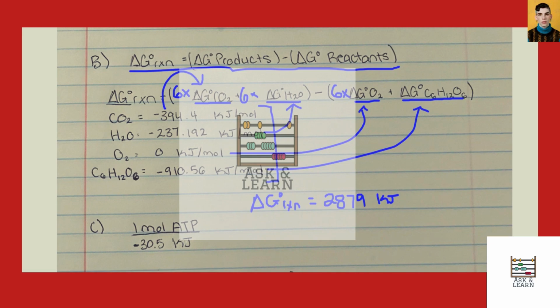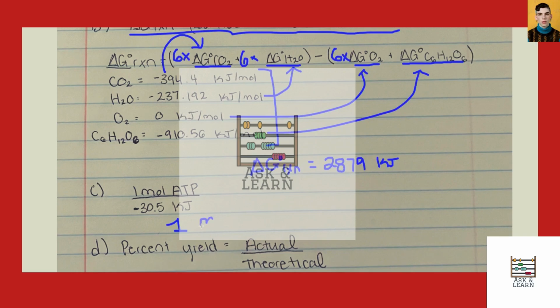So the best way to think about this is you want to have moles of ATP over moles of glucose.